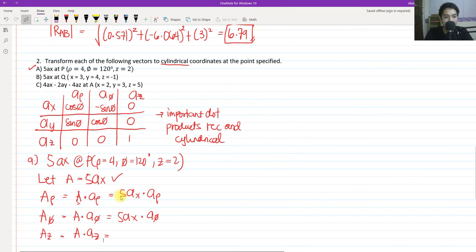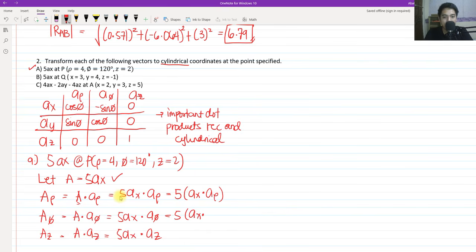And since we have 5ax again, that is dotted by a sub z. So we have 5 a sub x dotted by a sub rho, 5 a sub x dotted by a sub phi, and 5 a sub x dotted by a sub z. We just factored out the 5.